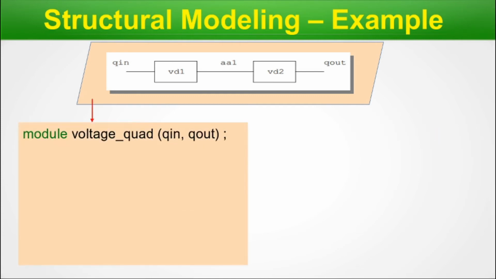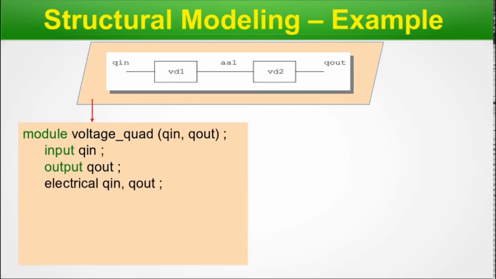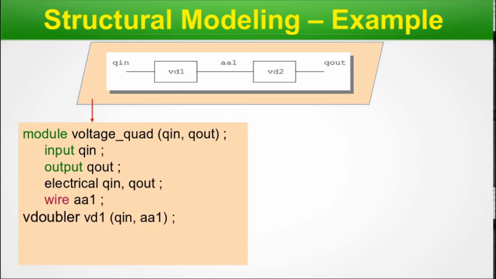We define a module voltage quad, and we define the input and output, and define their nature as electrical. Then we also write the wire AA1, which is used for interconnection, and we use the voltage doubler unit here, and its instance is VD1, with input Q in and output AA1.